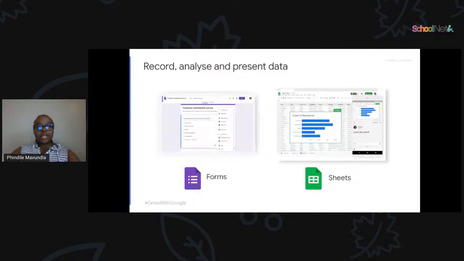For example, if you are creating a questionnaire, you can decide whether you are making it multiple choice or you want people to respond with long or short answers. You decide from the types of questions that are there, and you are able to drag and drop, sorting it the way that you want it.